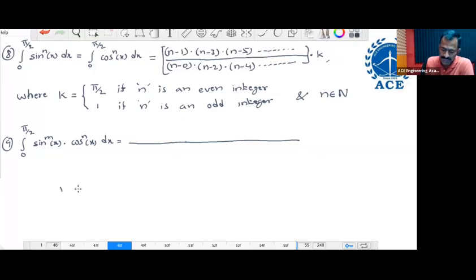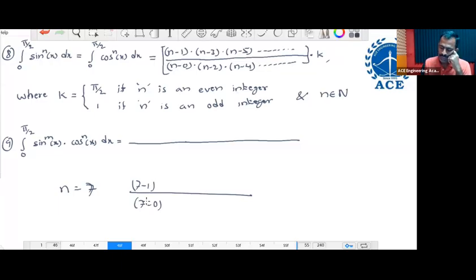Suppose in place of n, for the 8th property, n equals 7. Then in the numerator start with 7 minus 1, in the denominator start with 7 minus 0. Let us suppose n equals 7, sine power 7, cos power 7, then write like this only.